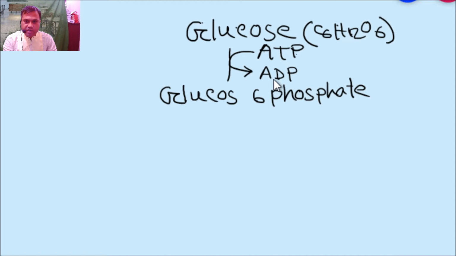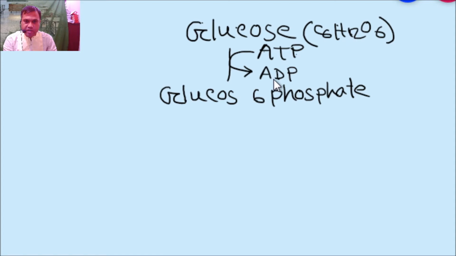In the second reaction, glucose 6 phosphate turns into fructose 6 phosphate. The difference between glucose and fructose is that glucose has an aldehyde group and fructose has a ketone group, and both are isomers of each other. So an isomerase enzyme is needed, and this reaction is a reversible reaction.